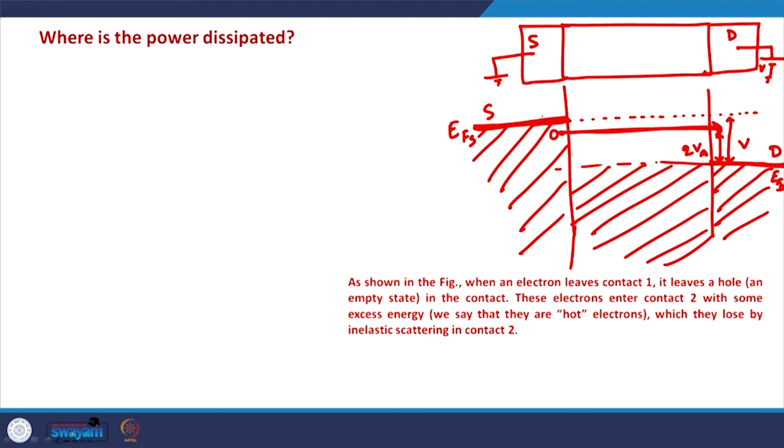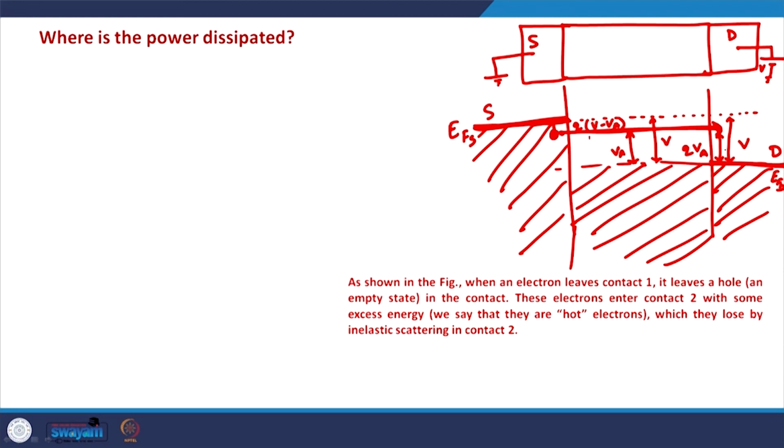So, one of the electrons at the Fermi level will make a jump to this level to fill this vacancy, and it will dissipate energy equal to Q times V minus VA, because this entire thing is V, and this is VA. So, this will be Q times V minus VA.